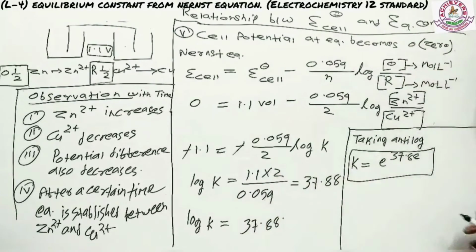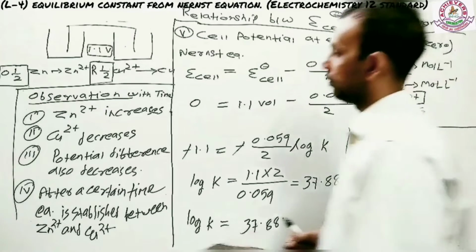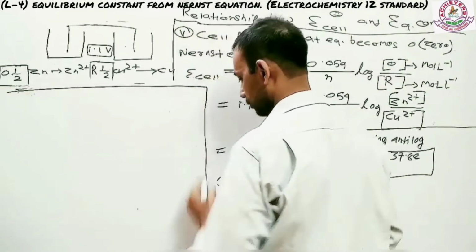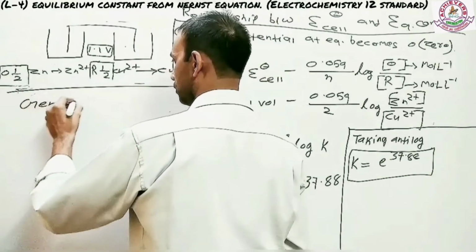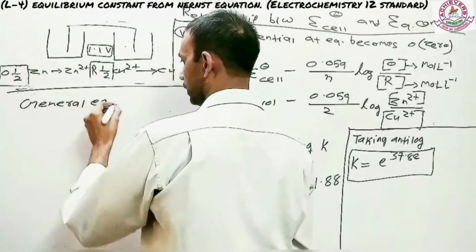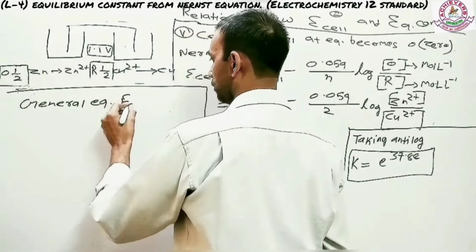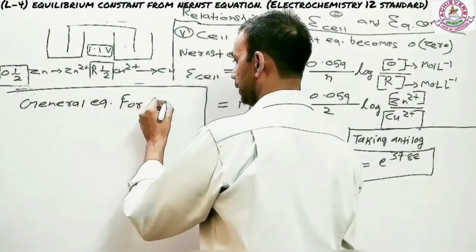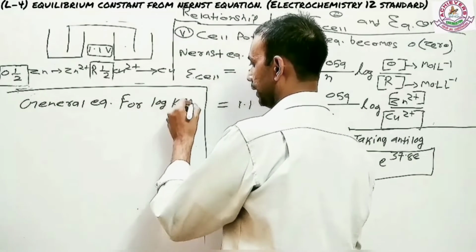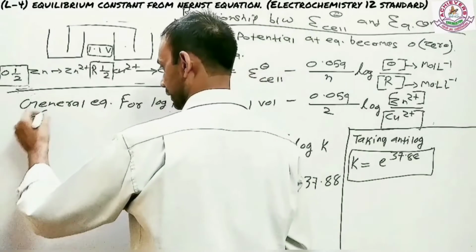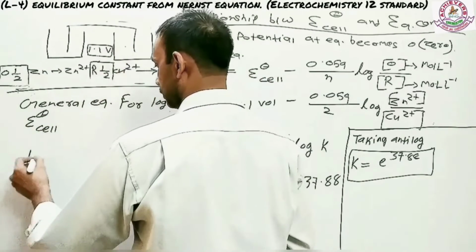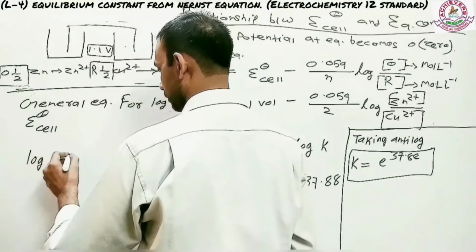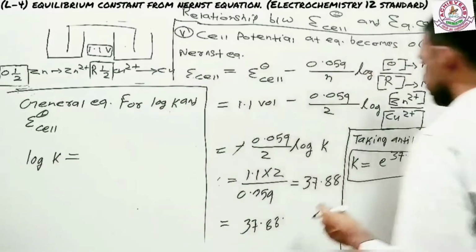So I will be taking the general equation for log K and E naught cell. So what is log K going to be? Log K is equal to, let's take a look here.